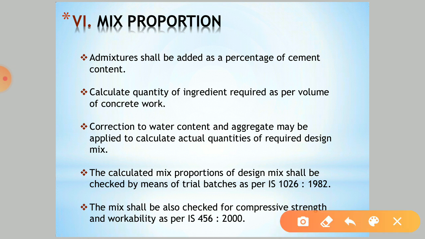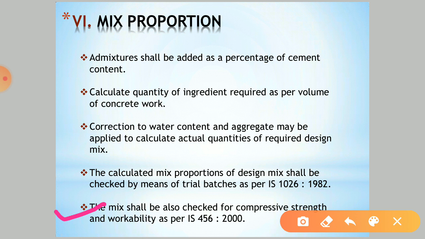Next, this mix shall again be checked by relevant IS codes for compressive strength and workability as per IS 456:2000. Okay, by using the relevant IS code test methods, check whether the compressive strength and workability are achieved.